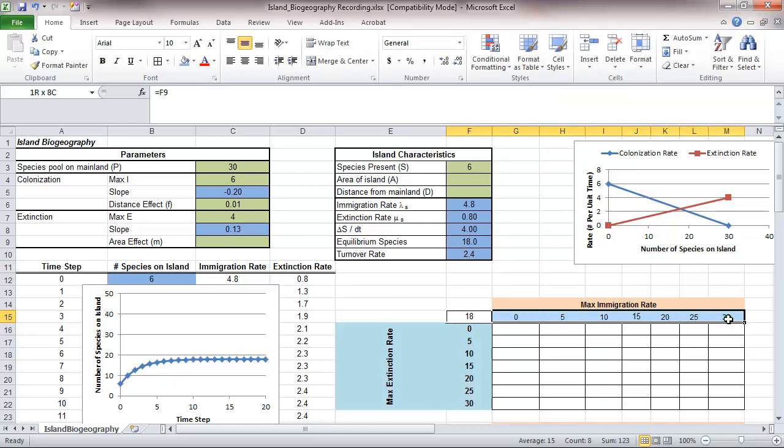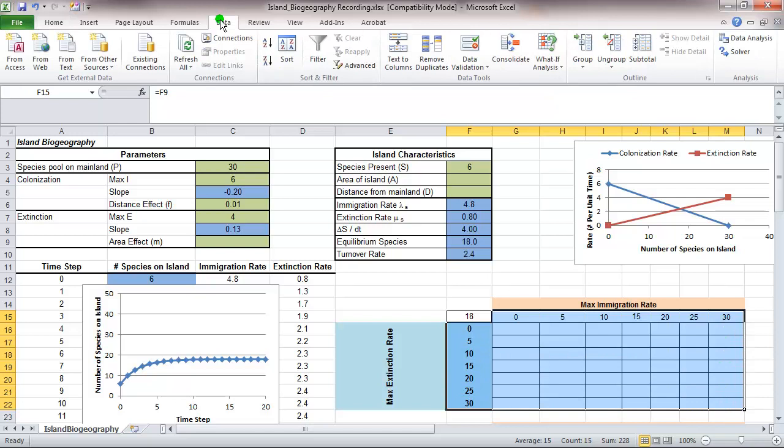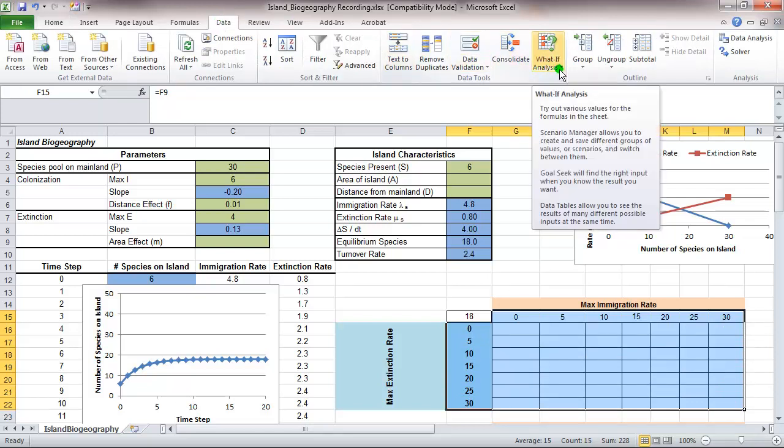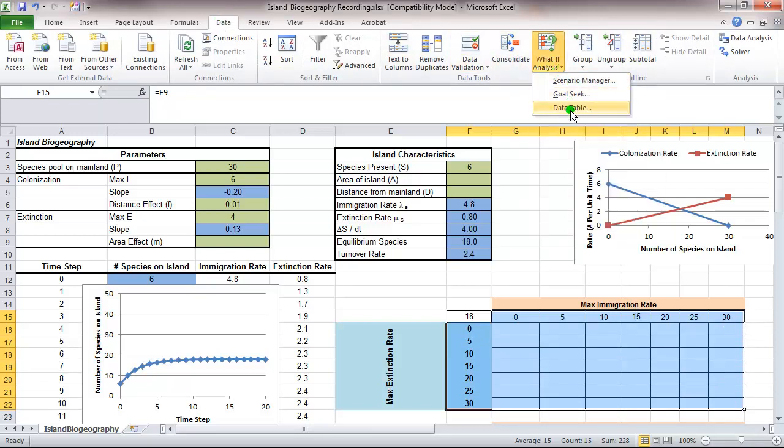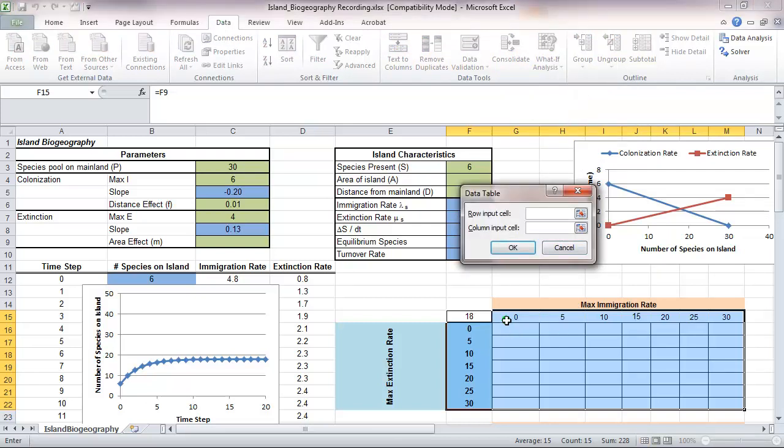We can grab all of the cells in the data table and then head up to the Data tab and then go to What If Analysis, Data Table. Our inputs along the row will feed into the maximum immigration rate stored in cell C4, and the data values down the column will be fed into the cell stored in cell C7.